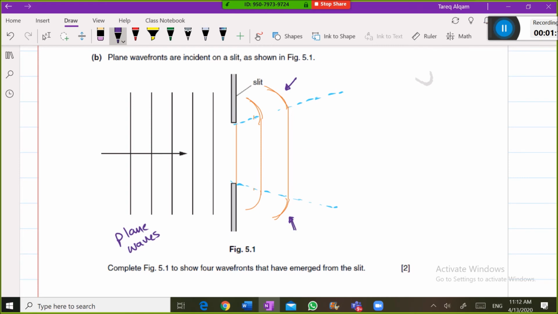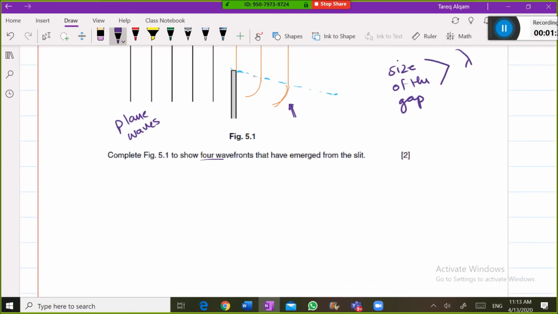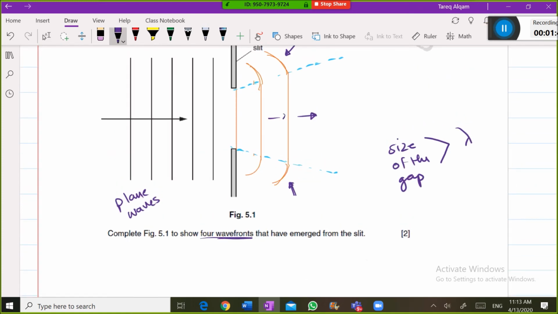But in this region, the waves don't spread, they continue in a straight line, because it's very obvious that the size of the gap is greater than the wavelength. When we are asked about the wavefronts, the other important thing, guys, is that the wavelength here should be kept the same.